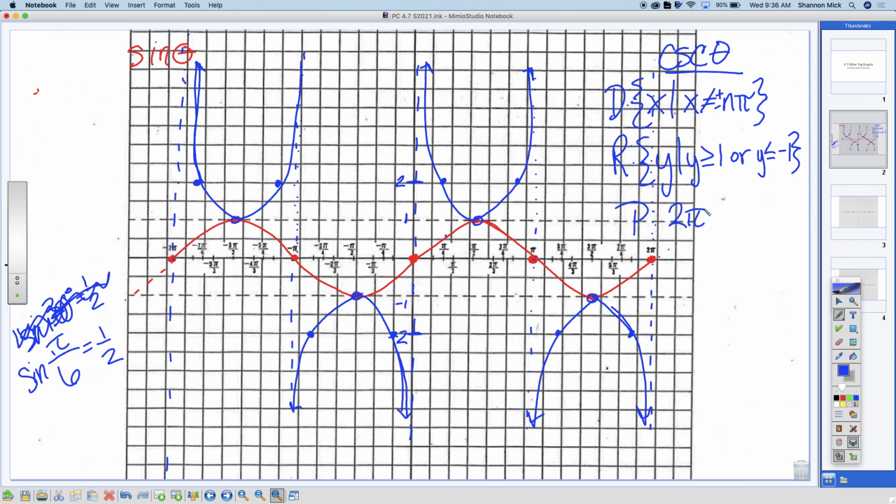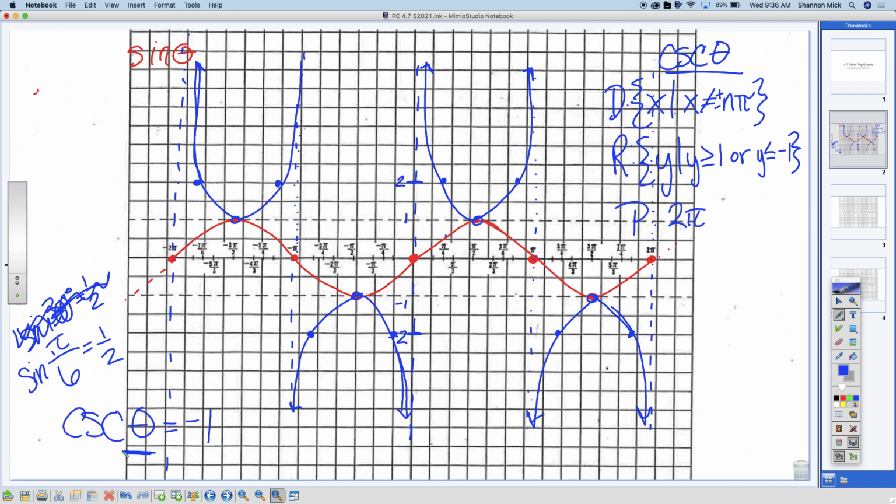Okay, so using this graph, could you tell me where the cosecant of theta is negative 1? So cosecant of theta equals negative 1, and I'm looking for theta, right?